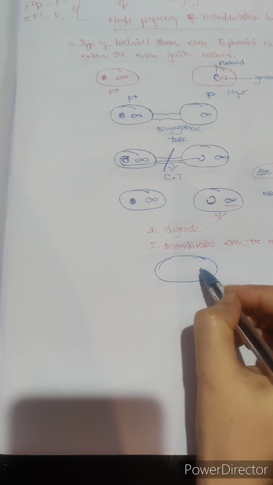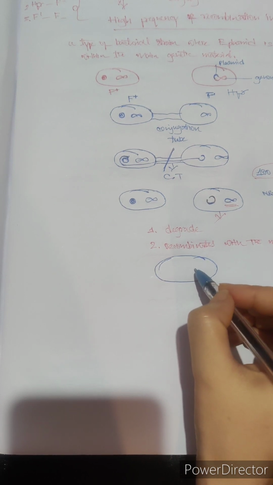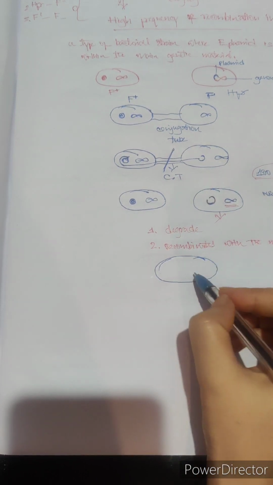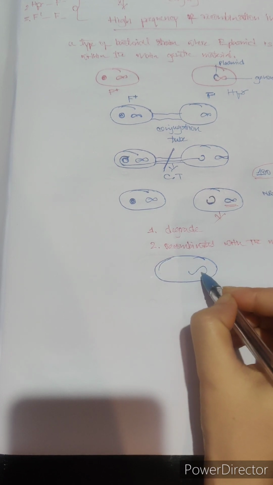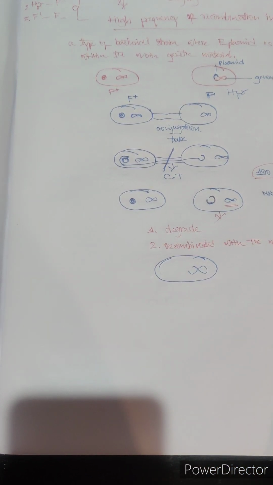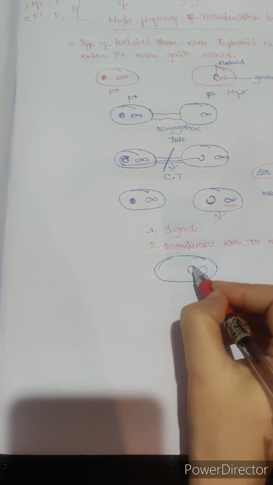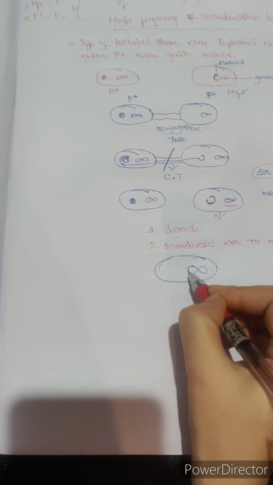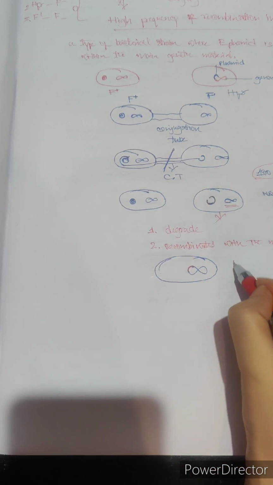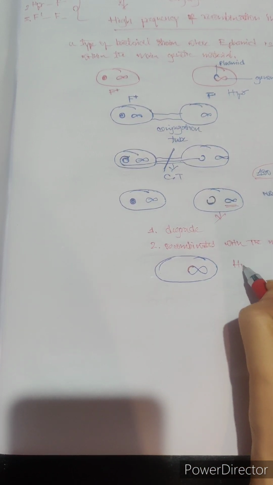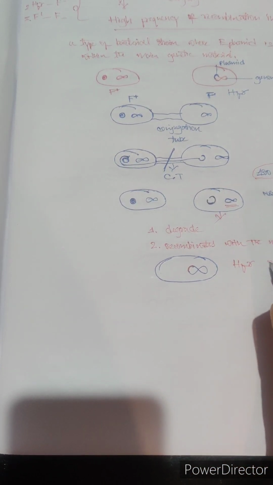So this is your main genomic material, and this one is your plasmid part. This is what your Hfr strain is.